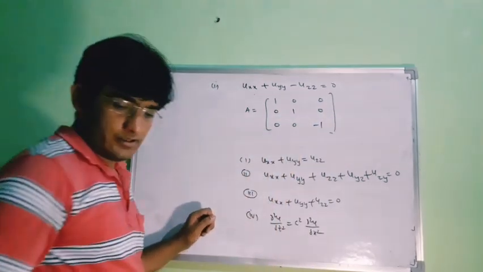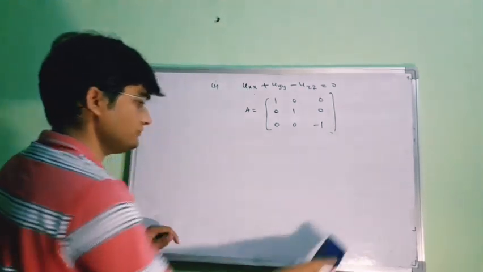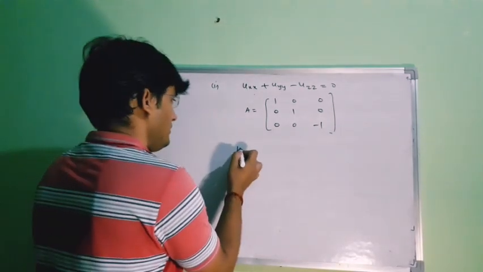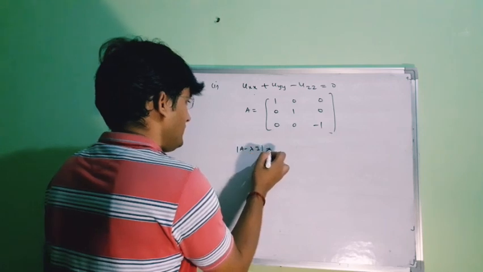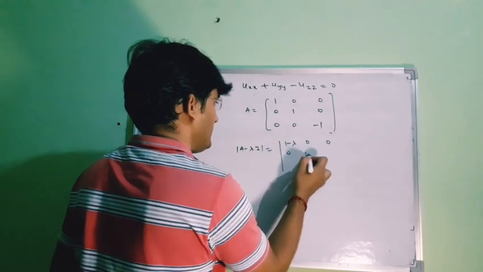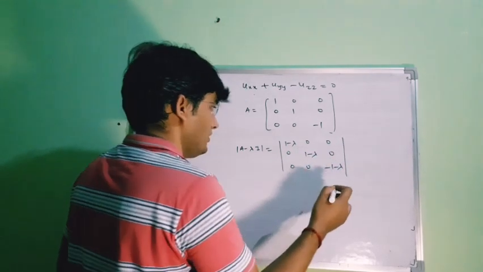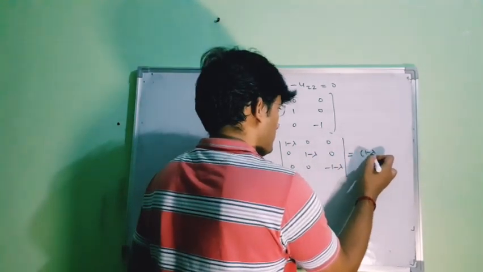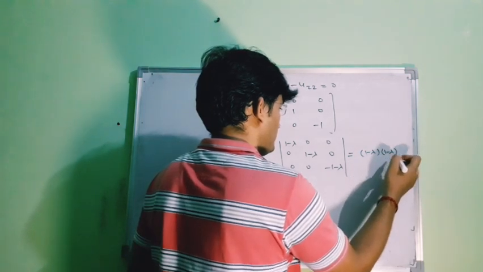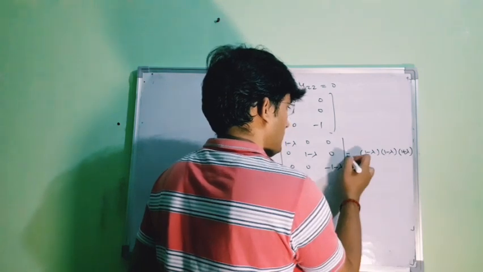If you evaluate its eigenvalues, A minus lambda I will give you 1 minus lambda, 0, 0, 0, 1 minus lambda, 0, and so on.